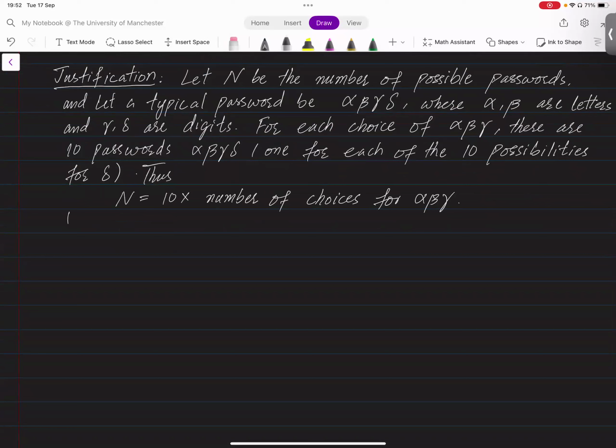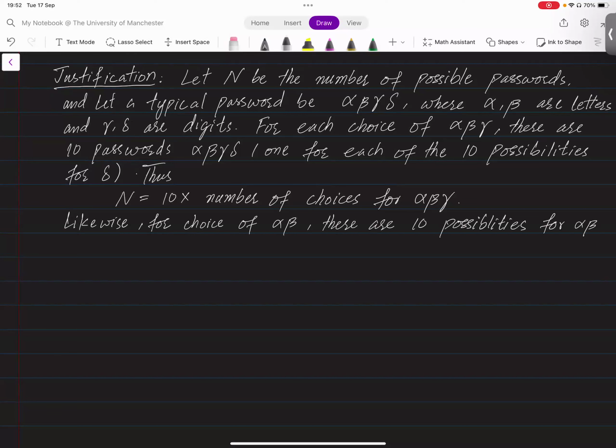Likewise, for each choice of alpha, beta, there are 10 possibilities for alpha, beta, gamma.